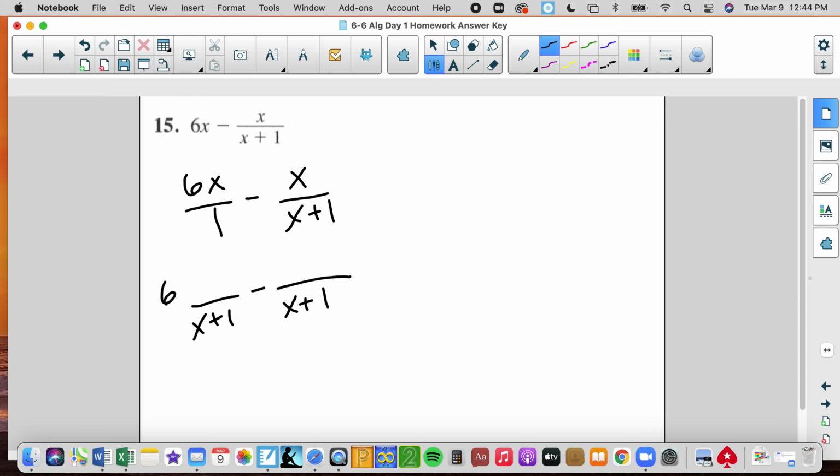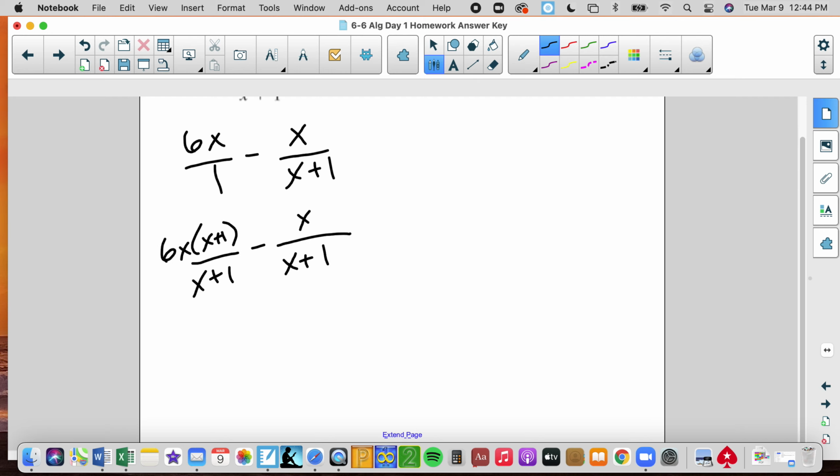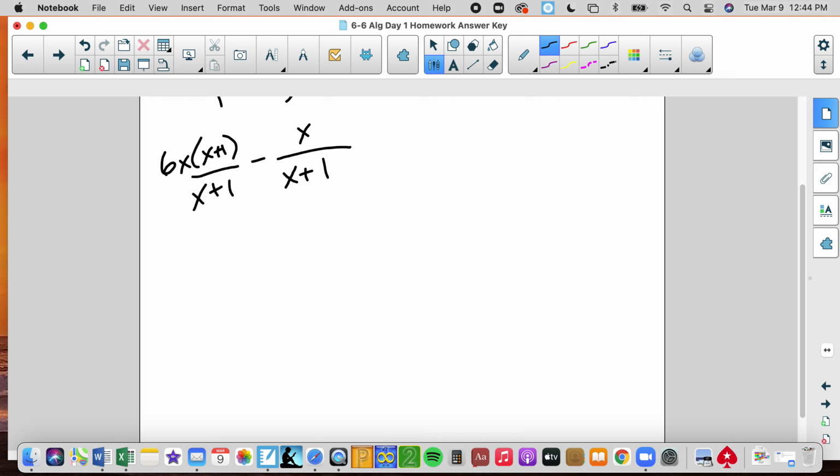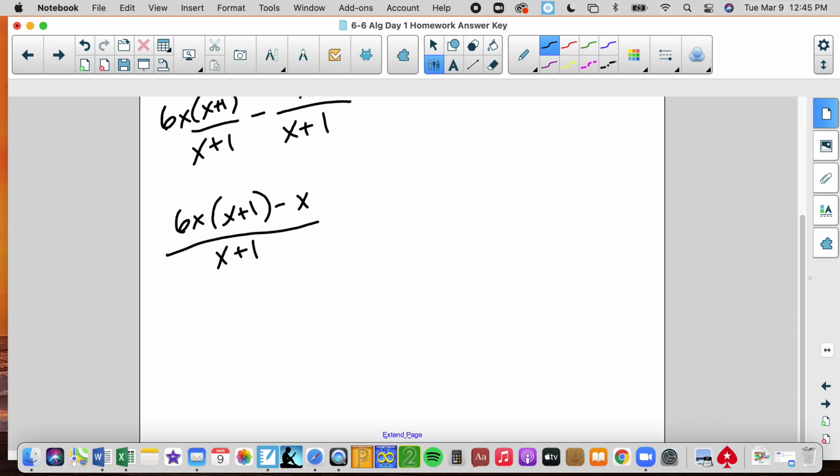All right, common denominator is going to be x plus 1. That's going to be 6x times the quantity x plus 1. That's going to stay as x. Notice that I just sort of figured out what the numerator is going to be. Let's write them all over the same denominator. Now let's distribute. Let's simplify.